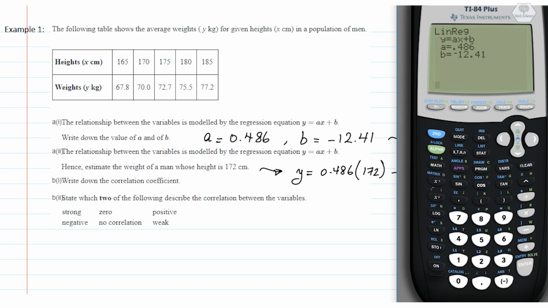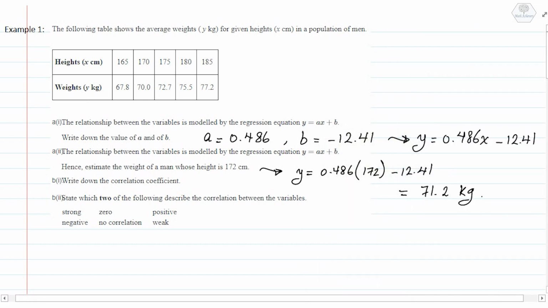After turning the diagnostics on, you'll find the value of R squared and R, but I need to find the value of only R. So the answer to B I, I'll find that R is equal to 0.997, which is positive. Here it means I'm having a strong positive correlation.